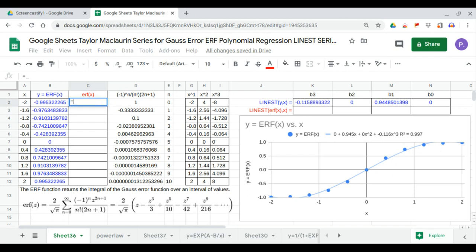We have 2 over square root of pi times series sum of the x values raised to the power 1, 3, 5, 7, 9. So that's raised to the power 1 starting with 1 and the interval is 2. And the coefficient will be this range.